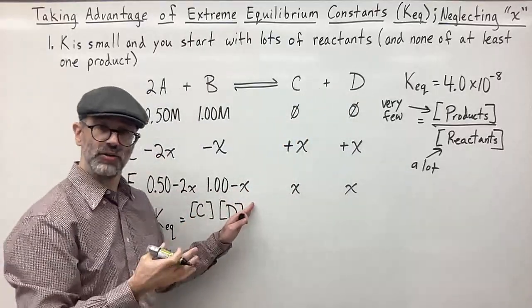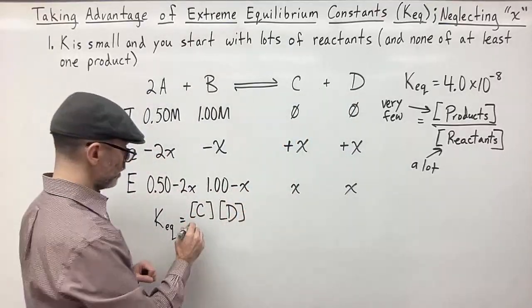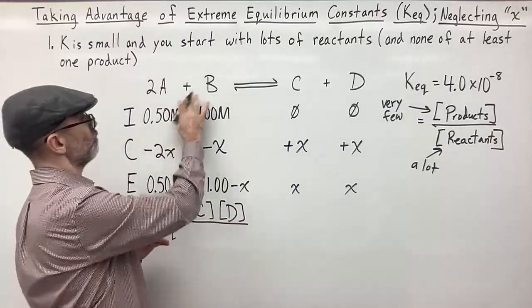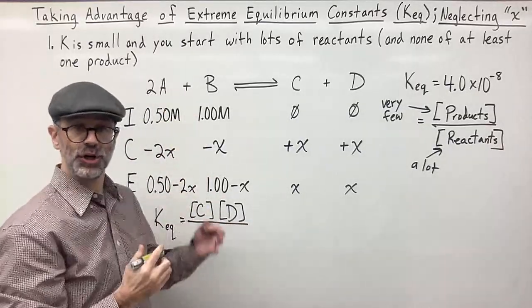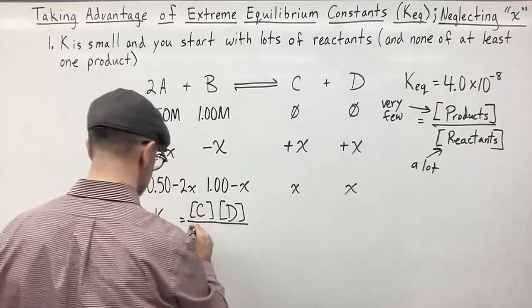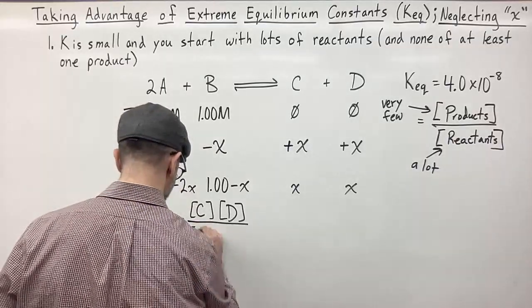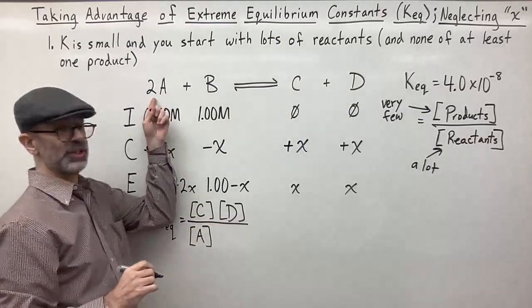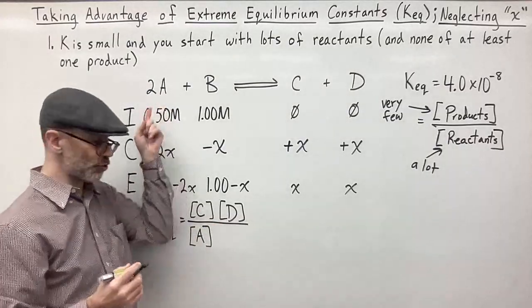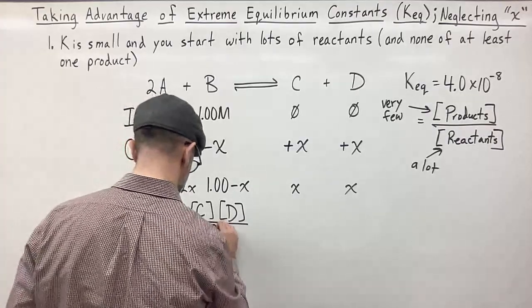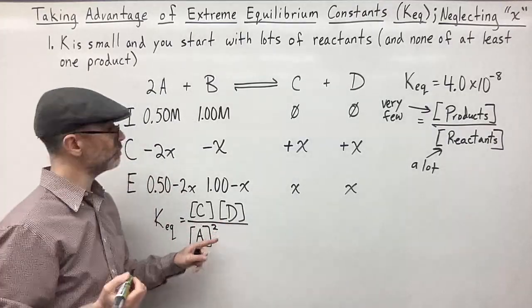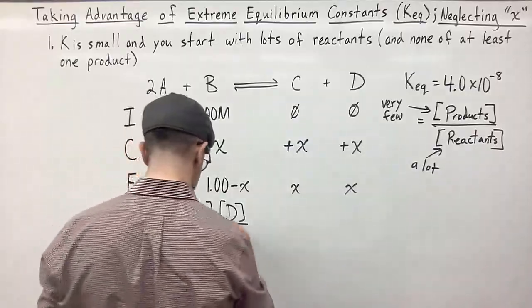We don't write ones. And then this is going to be divided by the concentration of the reactants raised to the powers of their coefficients. So if I do A, the concentration of A, the coefficient here is 2, so that's going to be squared, power of 2, multiplied by B.